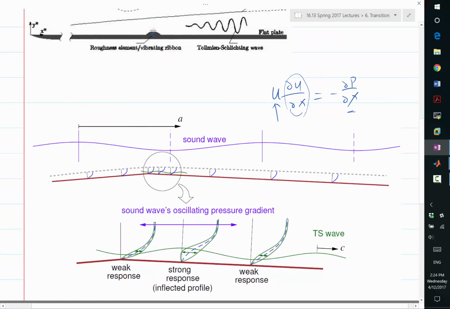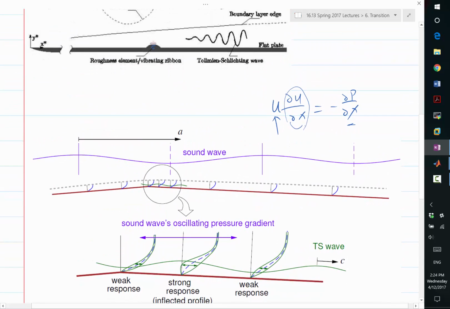One of the consequences of this is that if you want a flow that is very resistant to natural transition, you want to avoid this kind of non-smoothness or rapid change in the boundary layer profile. That's another reason, which I discussed in another lecture: if you have a leading edge of a compressor blade, you don't want this leading edge to be really sharp, because a really sharp leading edge is a very good receptivity site.